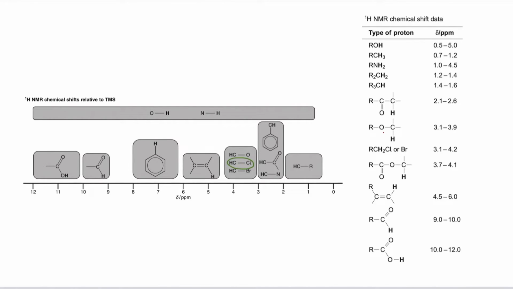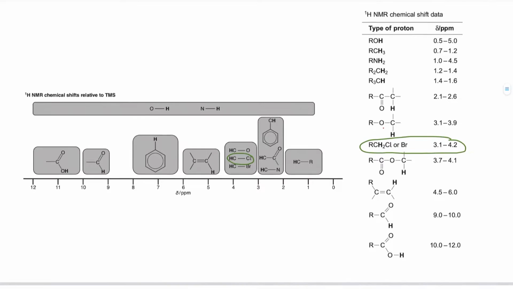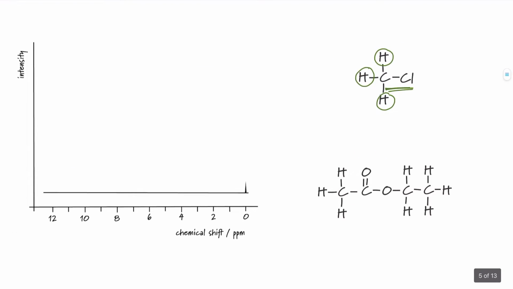So I'm looking for a peak that would be in the range of around about 3.1 to 4.2. So back on my spectrum, 3.1, let's stick it about there. And there are 3 protons in that environment, so it would have 3H written above it.